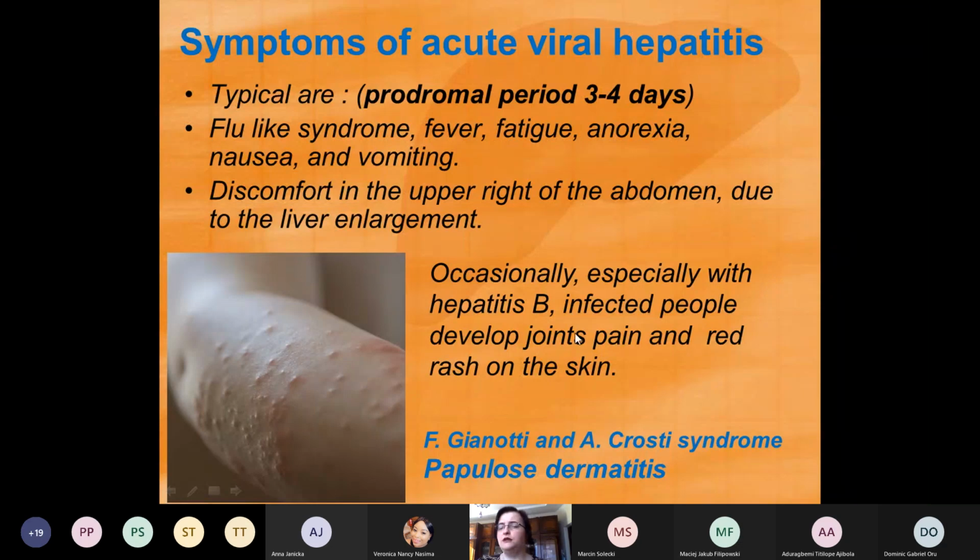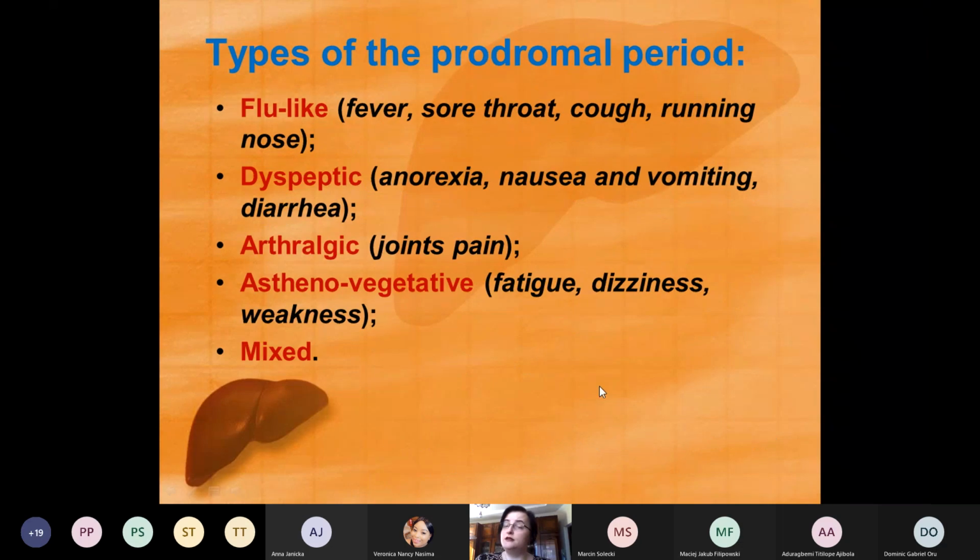Occasionally, especially during hepatitis B, the infected person develops joint pain, due to the mesenchymal inflammatory syndrome, and a red rash on the skin. It already has a name, Gianotti-Crosti syndrome, papular dermatitis, you see. Such a prodromal period can occur, and it's interesting why, because we have to differentiate viral hepatitis from diseases like flu.